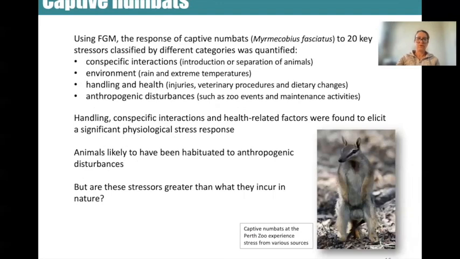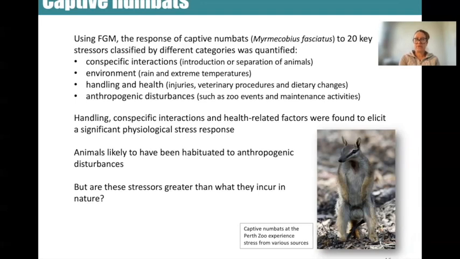So using fecal steroid analysis, the stress response of captive numbats was assessed in relation to 20 key stresses, and these were classified by different categories, including conspecific interactions. So this is in relation to the introduction or separation of familiar and unfamiliar animals.